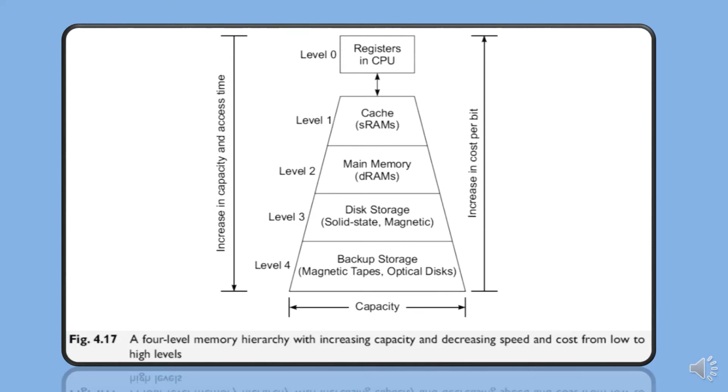It is usually much larger than the cache and often implemented by the most cost-effective RAM chips, such as DDR SDRAMs, that is, double data rate synchronous dynamic RAMs. The main memory is managed by an MMU in cooperation with the operating system.